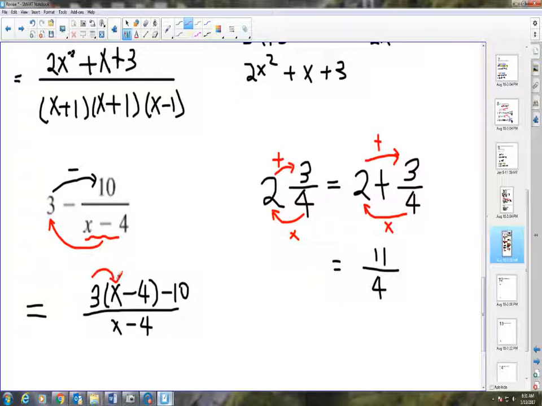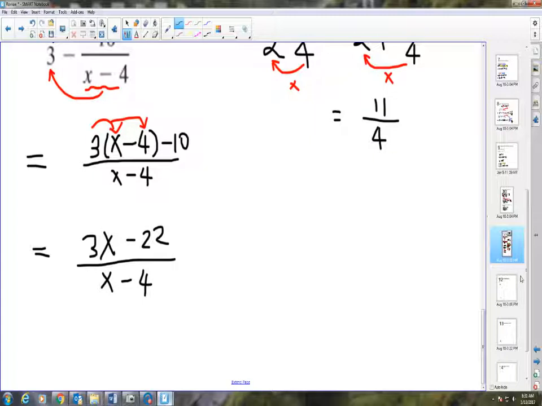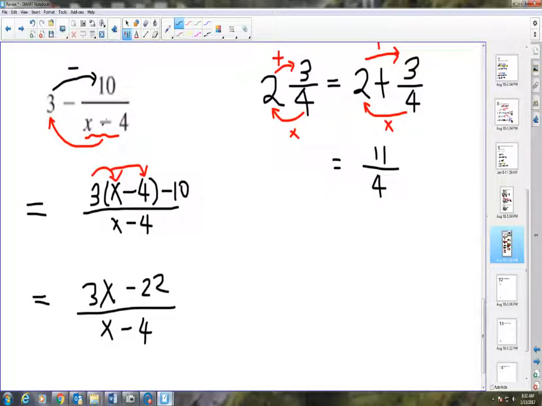Alright, so let's do some distribution here, and I'm going to do this slightly quicker. 3 times x is 3x. 3 times -4 is -12. -12 minus 10, -22 over x minus 4. Top and bottom cannot be factored. Alright, so this is my answer. I will do something like this later on in the semester.